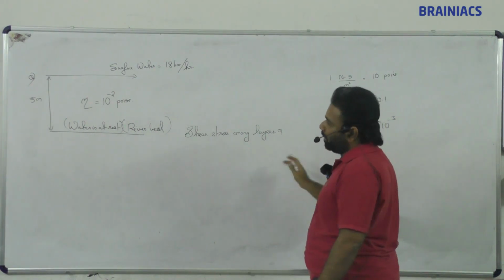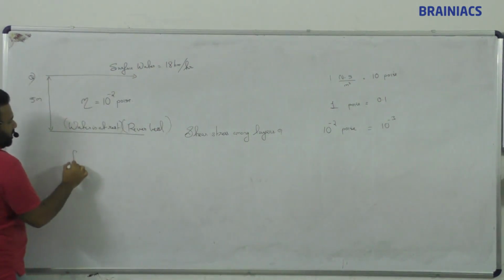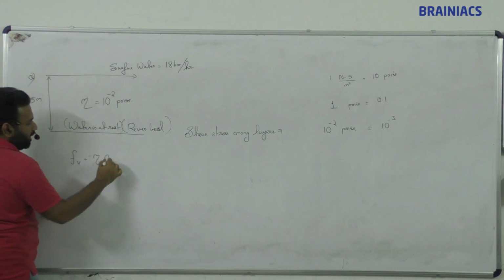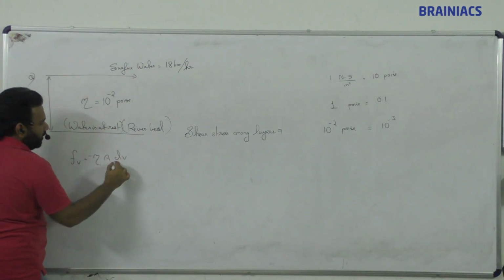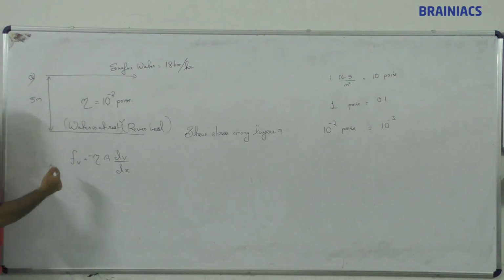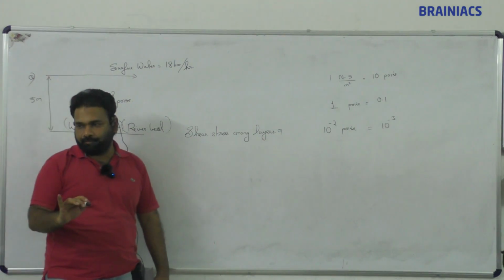Okay, be careful. Now the things are easy. So viscous force is equal to minus eta A dV by dz. What are they asking? Tangential force by area.